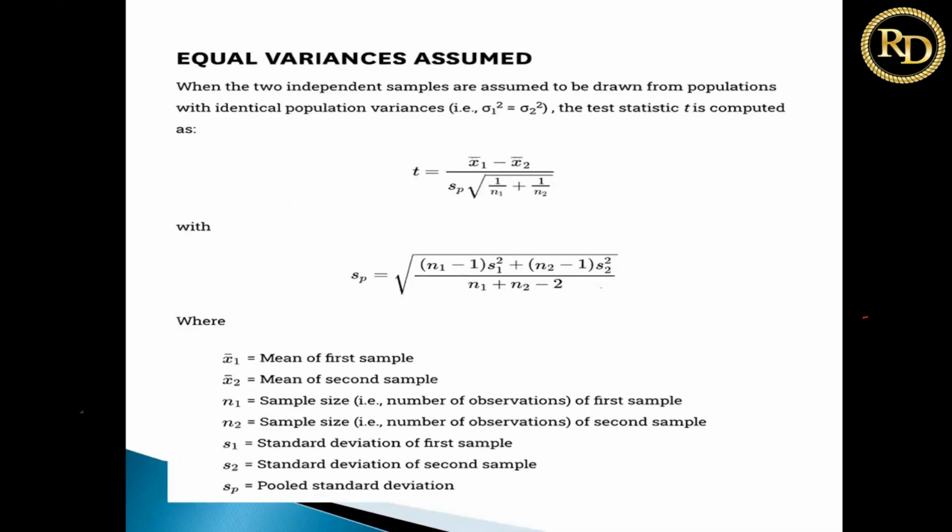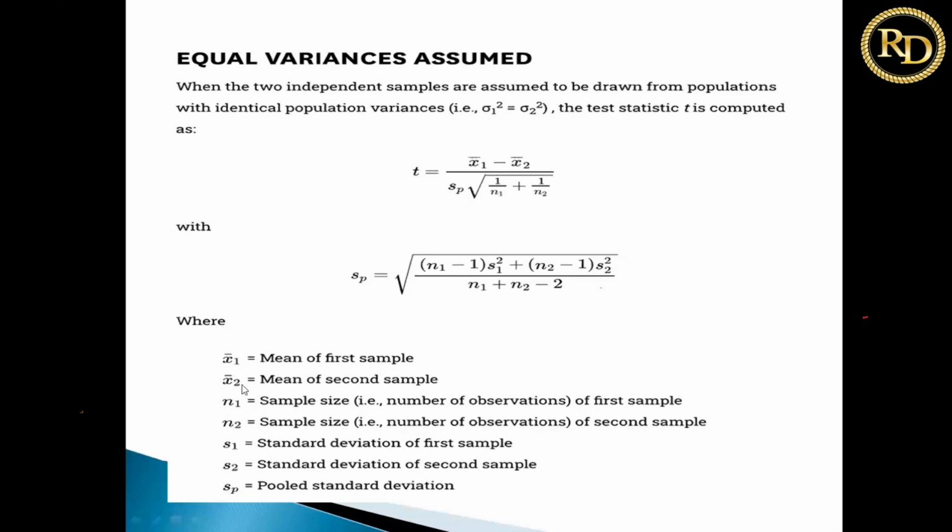See here. Okay, this is the test statistic for testing the equality of two means by considering the assumption that the population variances of the two groups are the same. The meaning of all the symbols is the same as we have discussed earlier. That is, x1 bar is the sample mean for the first population.